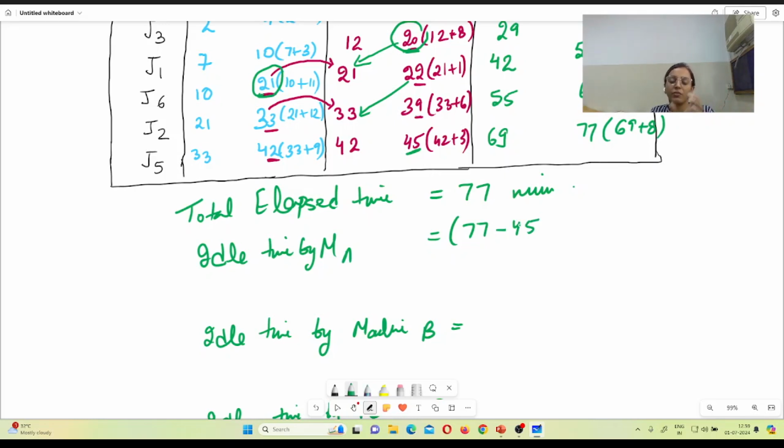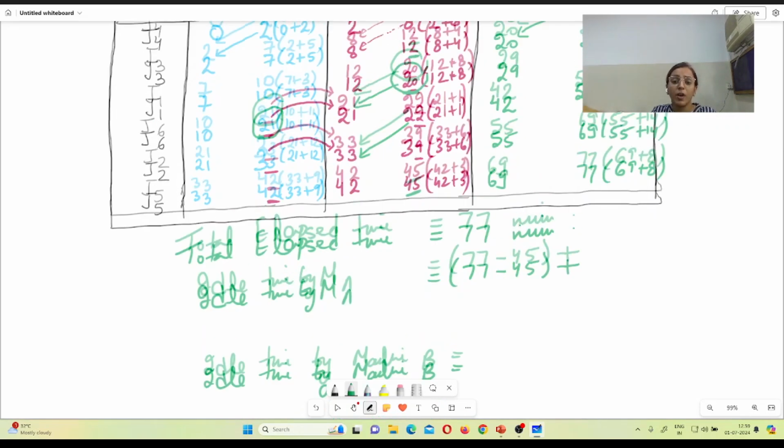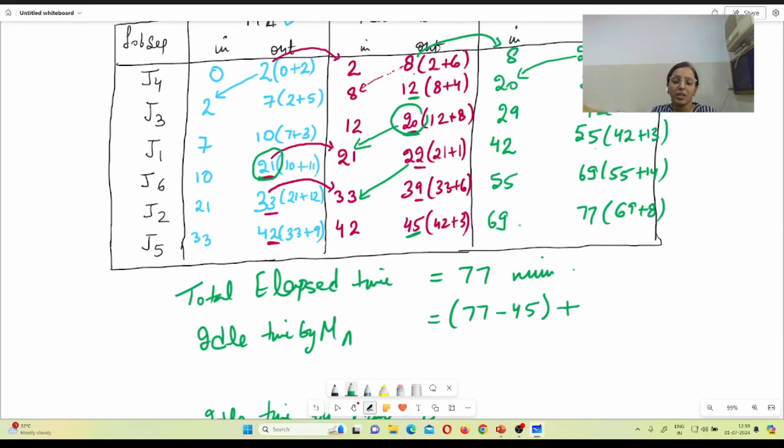So 77 minus 45 minutes, plus we have to consider the total, and you have to check it from the starting. See, once machine A has completed its work and is doing the process, till that time machine B is waiting, right? Then these are the 2 minutes we have to add. Hope you're getting what this 2 minutes is over here. This one, I'm circling. Okay, so this is the 2 minutes which you are waiting.